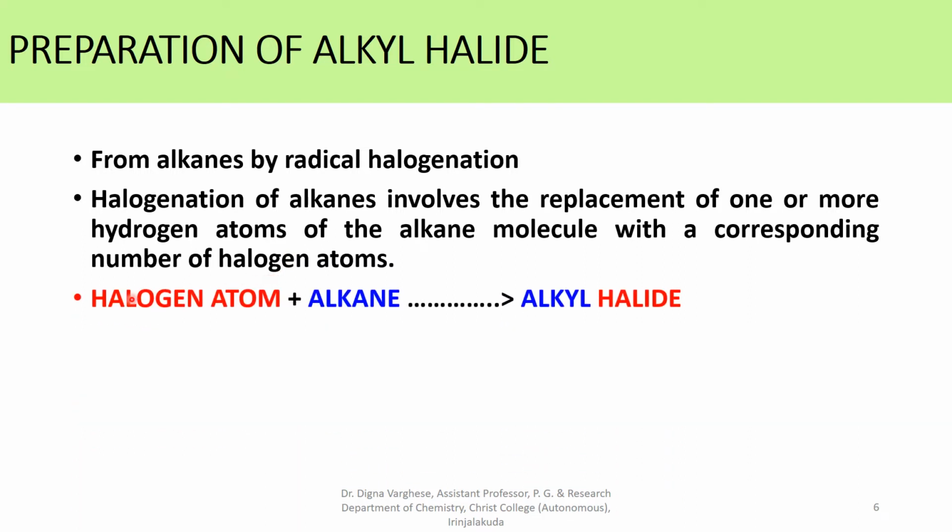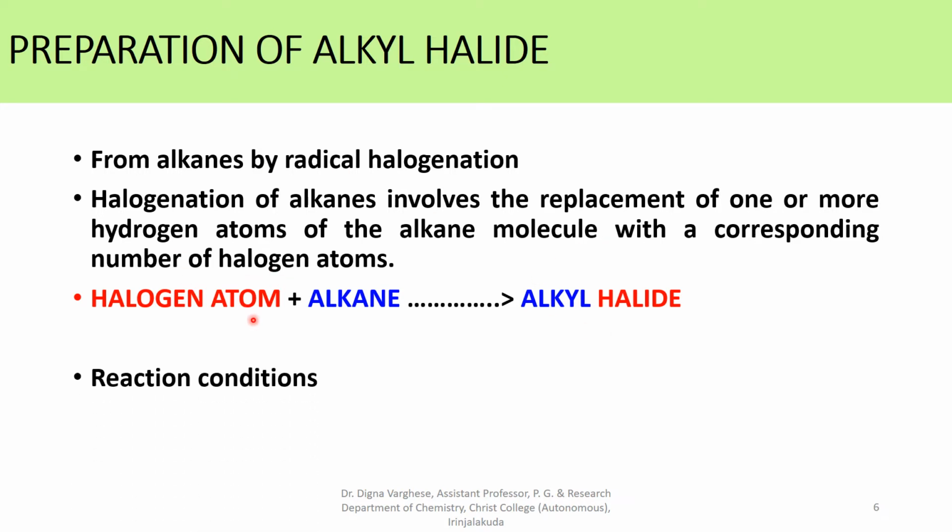Here you can see the halogen reacts with the alkane molecule, forming an alkyl halide. The hydrogen atoms of the alkane are replaced by halogen atoms, giving the alkyl halide molecule with a corresponding number of halogen atoms.